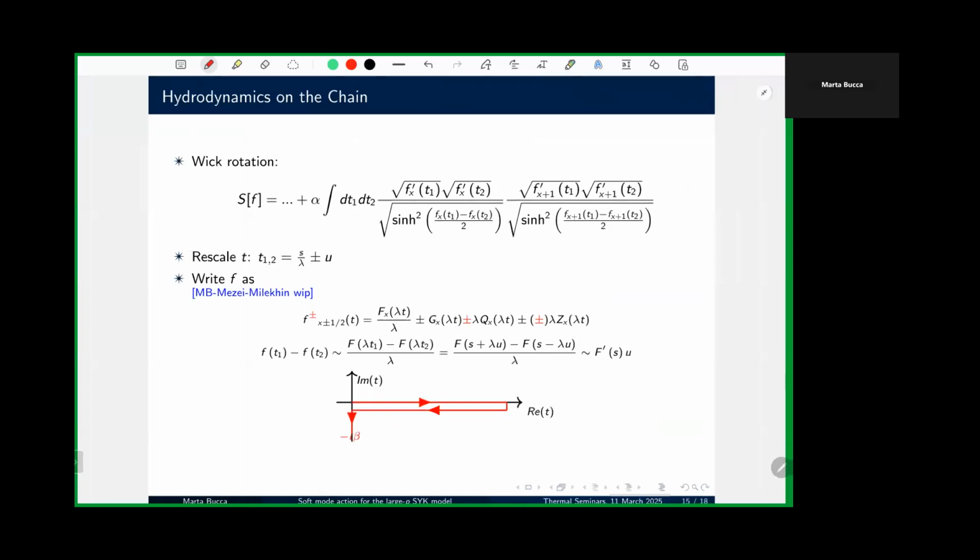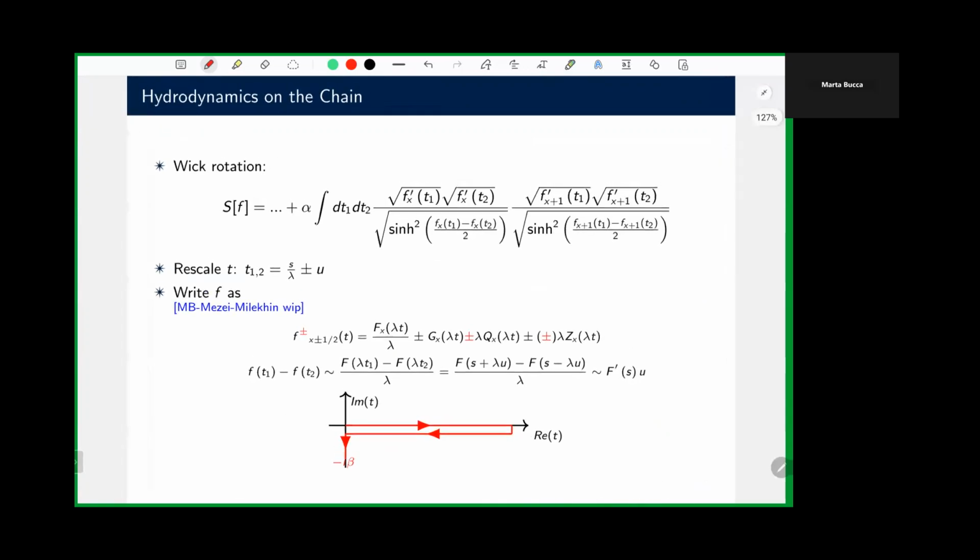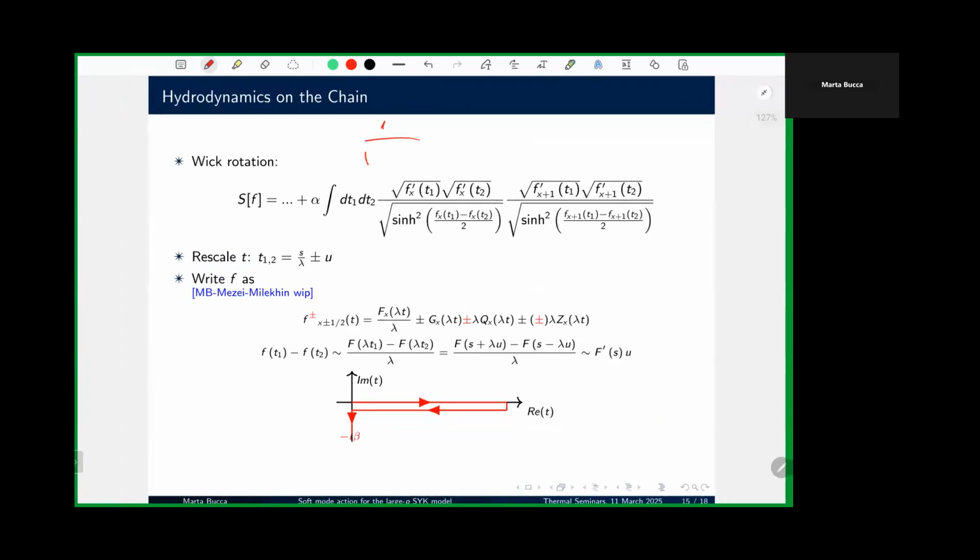So if we want to apply this to our SYK chain, we immediately run into a problem because, as I mentioned, we want to consider large times. However, in our action, we have a term that is 1 over the square root of a sine squared.